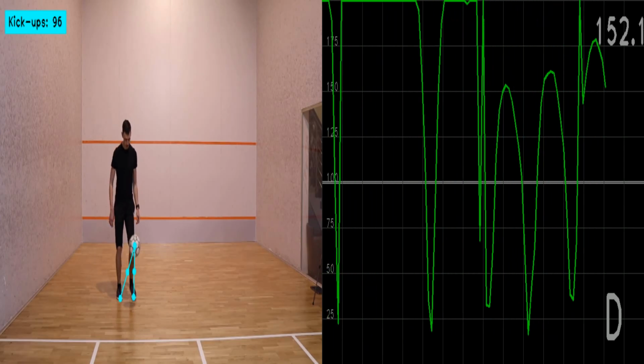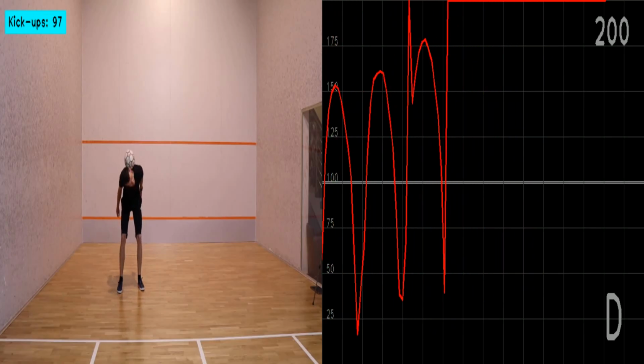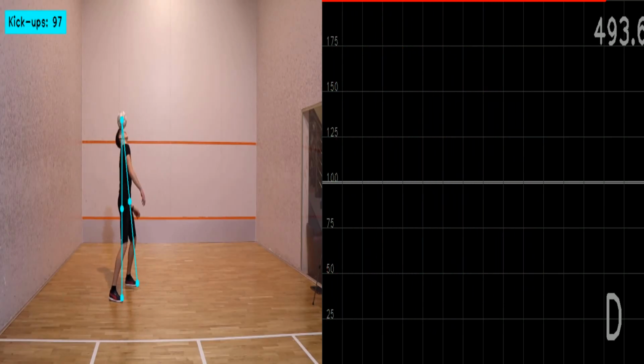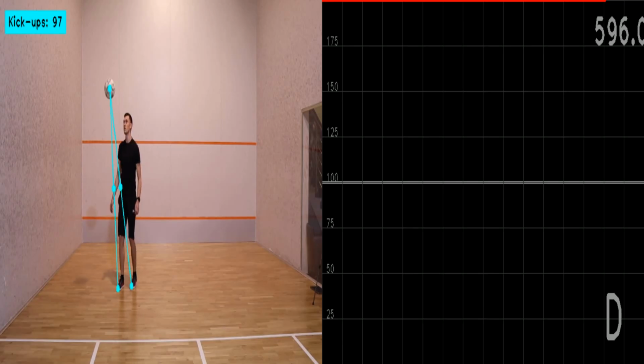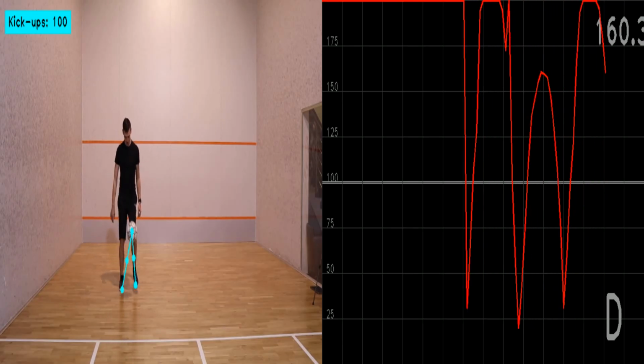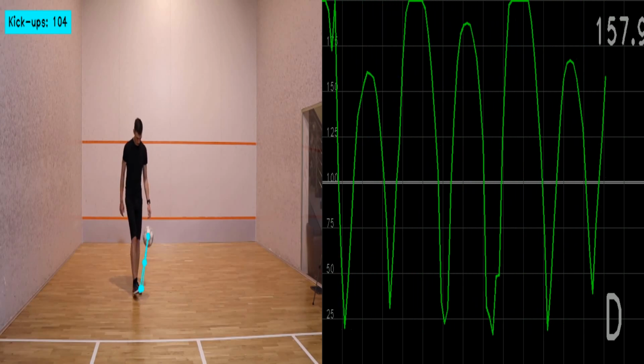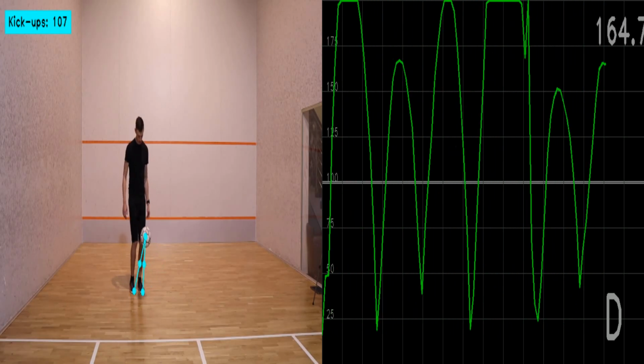In this project, I use pose estimation, also known as key points detection, to get a list of body landmarks for each frame. And instead of using the knees or hips, I focus specifically on the foot key points because those are the parts of the body that actually make contact with the ball during kickups. Less guessing, more accuracy.